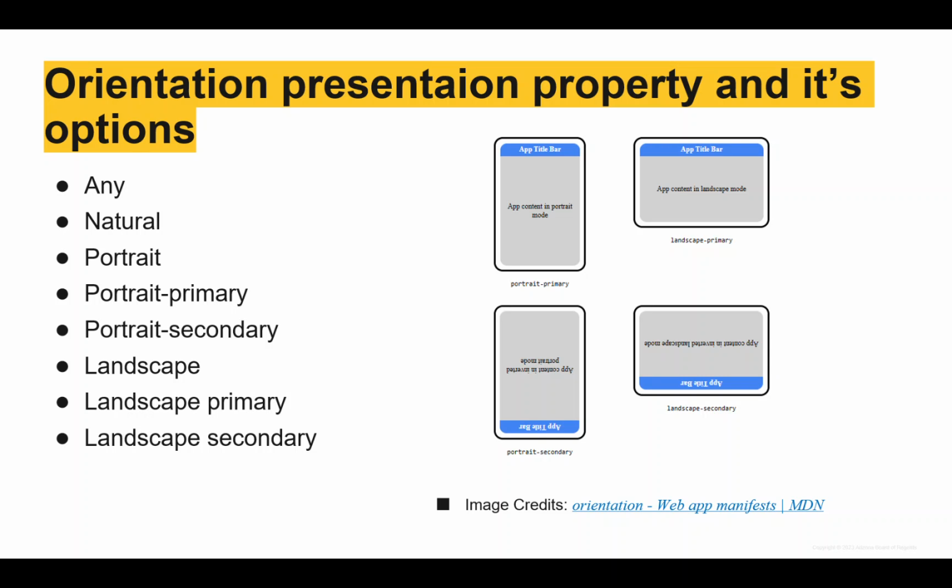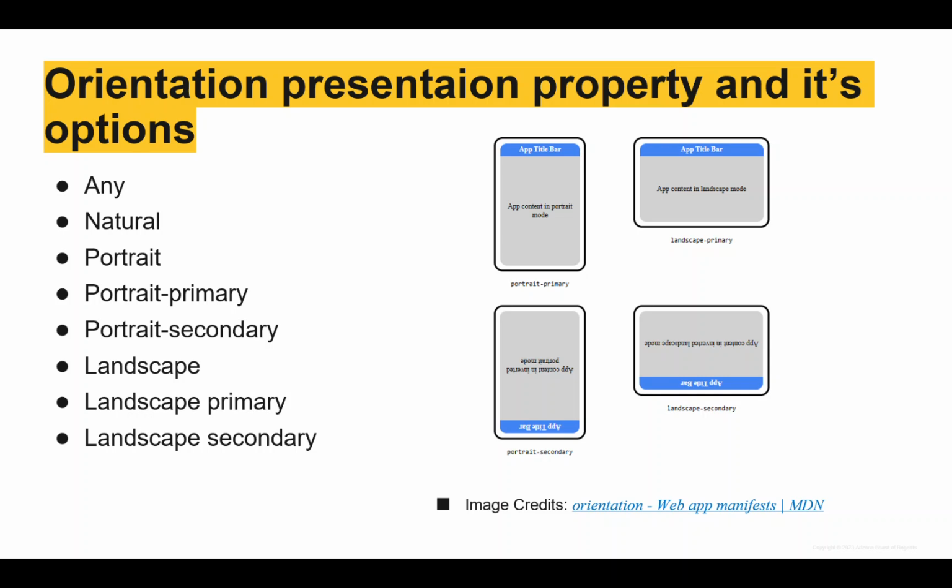Then there is landscape mode. Suppose you are developing a game and you want to use PWA for it. In that use case, you can use the landscape mode, so the width of your application will be more than the height. And similar to primary and secondary portrait, there are primary and secondary landscapes.